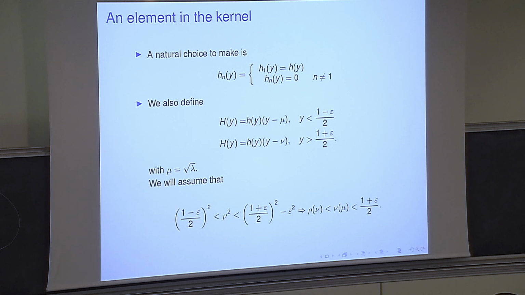Well, a natural choice is to take every mode equal to 0 but one. I have picked the mode n equal to 1. We could do it for every mode, but let's take the simplest case, n equal to 1. So this is going to be the only one which is different from 0. And then we define this function, capital H.